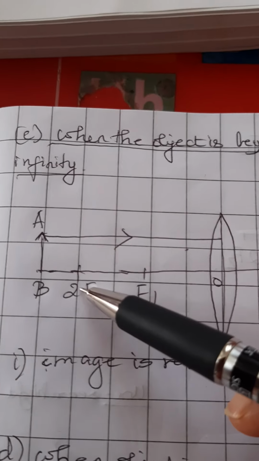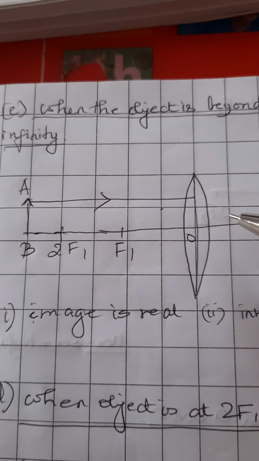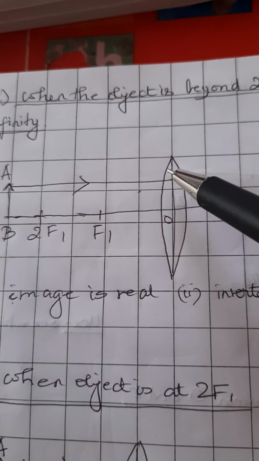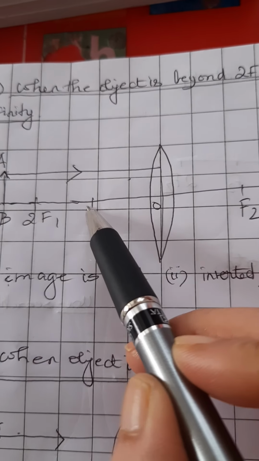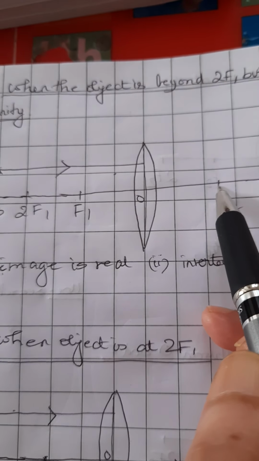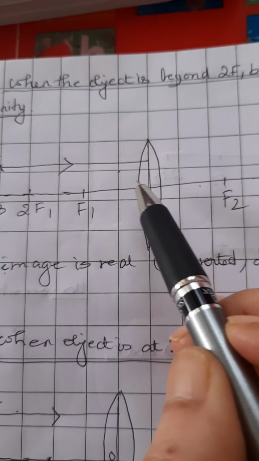The third case is when the object is beyond 2F1. When I draw this convex lens, I have already marked the first principal focus and the second principal focus. There are two foci of a lens.